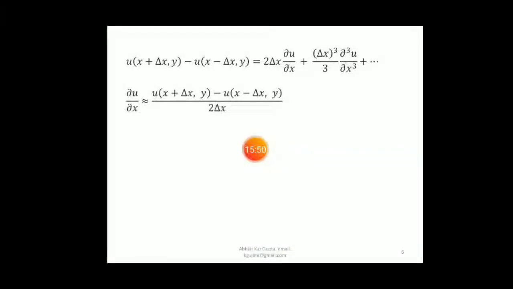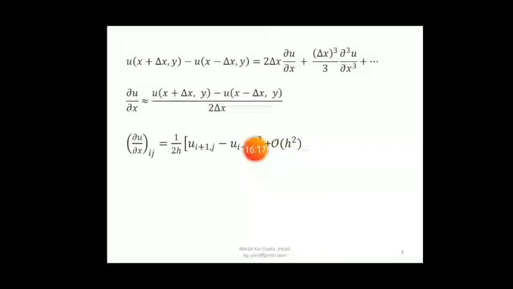You look forward at x plus delta x and you look backward at x minus delta x. Those two terms are used here. So this is a centralized formula. This is called the central formula because you stand at the center and you use the value of u in the forward direction and the value of u in the negative direction.